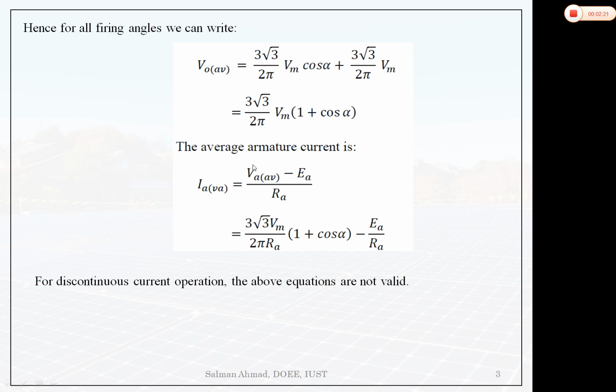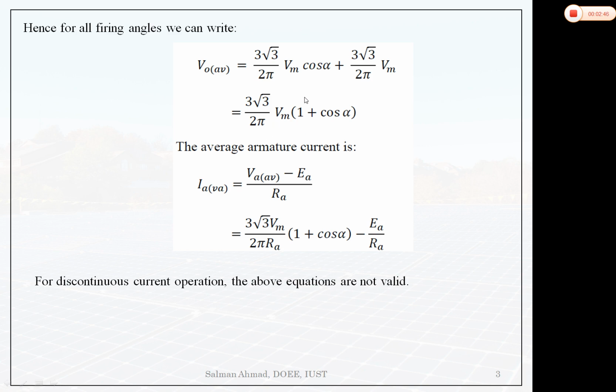Finally, if you substitute the average voltage from this expression, that is 3 root 3 upon 2 pi Vm (1 plus cos alpha), we will get this result. Again, this Vm will be the peak voltage that is applied to the thyristor circuit. If there is a star-delta connected transformer that is supplying, we have to take Vm accordingly.